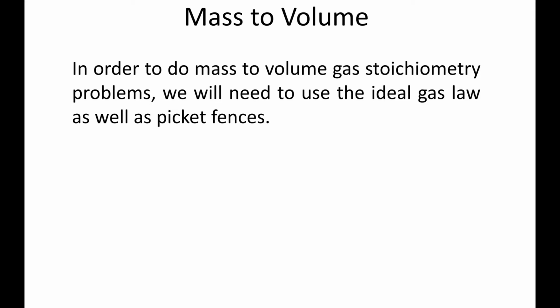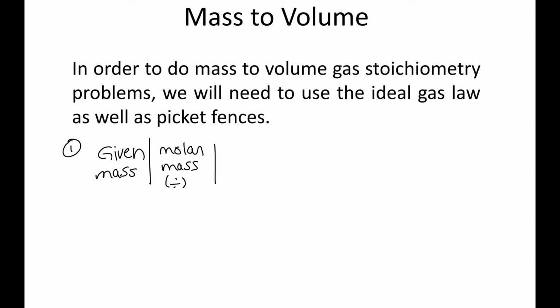Okay, so when you start out with a mass, we're going to use the picket fence first. So first step, you're going to have your given mass here. Your molar mass is going to go here. Now I'm going to put it as a division question so that you know the molar mass part's on bottom and the 1 mole part is on top.